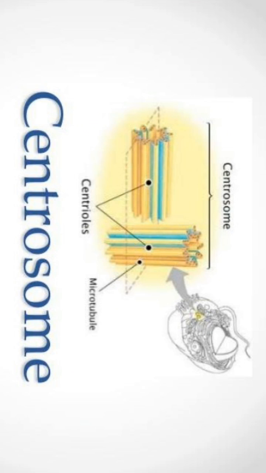One centriole is vertically present, one is horizontally present. Together they are present in the centrosome, but arranged perpendicular to each other.